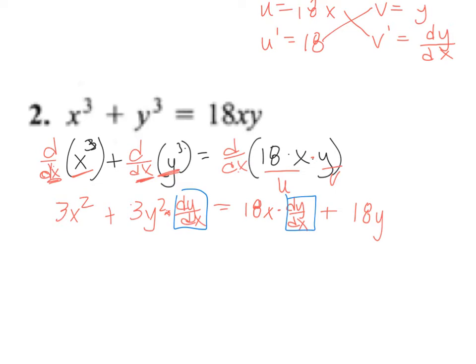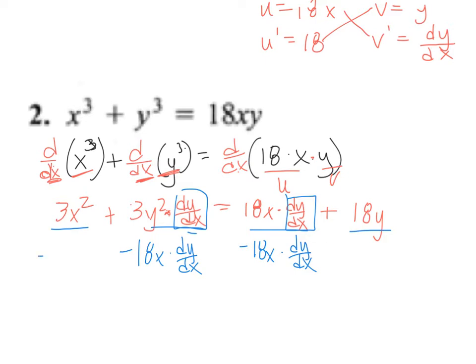The trick is to get your terms with dy dx on one side of the equal sign. It doesn't matter which way you go, but I'm just going to subtract 18x times dy dx from both sides. Now, the other thing I want to do is get all of the other terms that do not contain dy dx, namely 3x squared and 18y, on the other side of the equal sign.